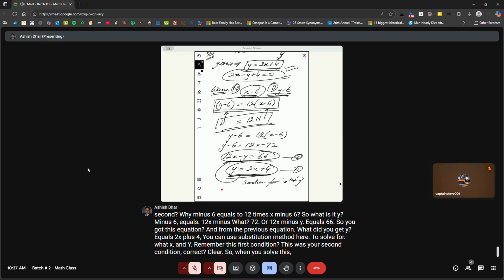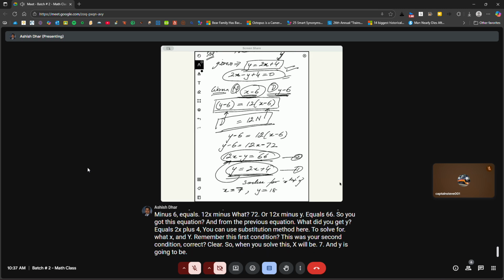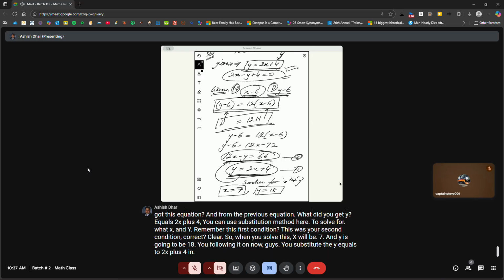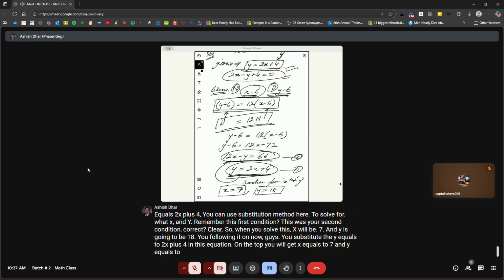So when you solve this, x will be 7 and y is going to be 18. You following it or not, guys? You substitute y equals 2x plus 4 in the equation on the top, you will get x equals 7 and y equals 18.